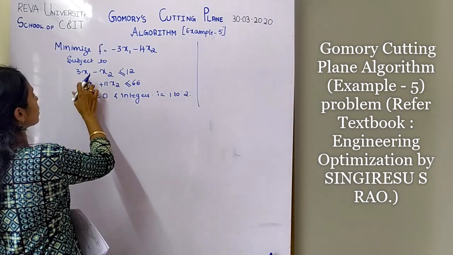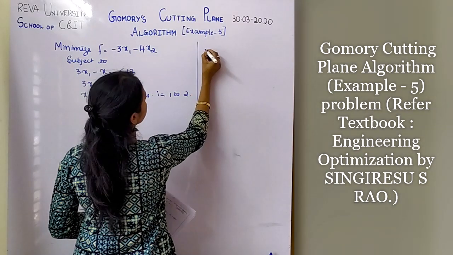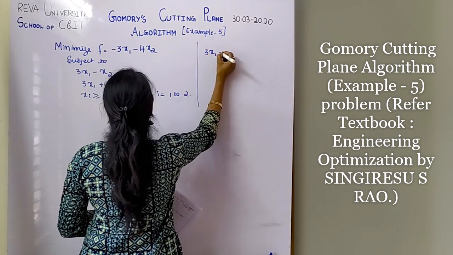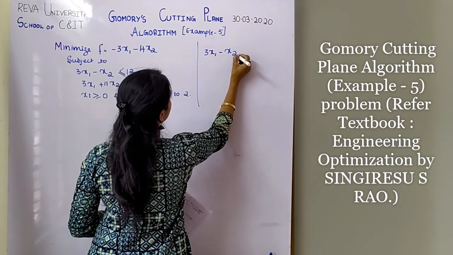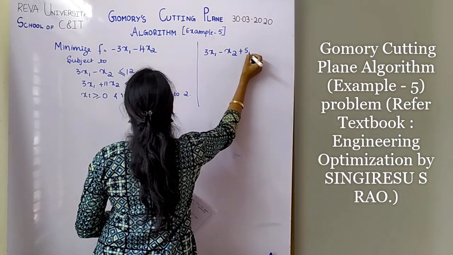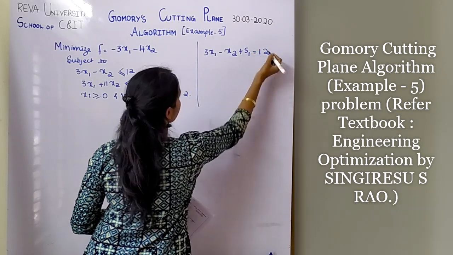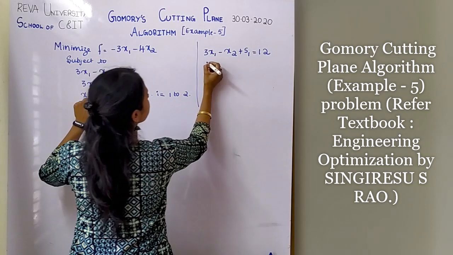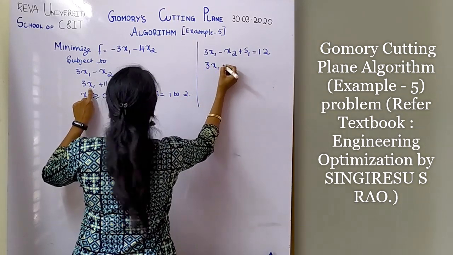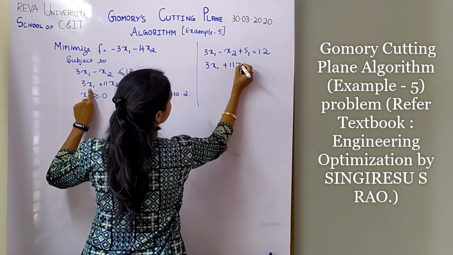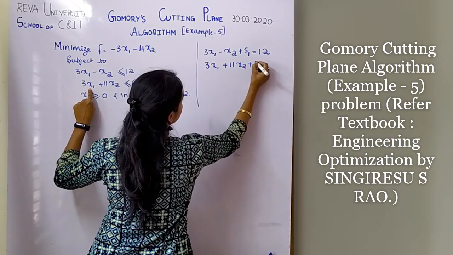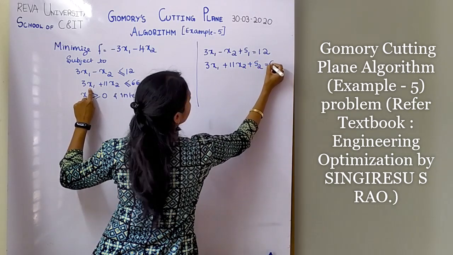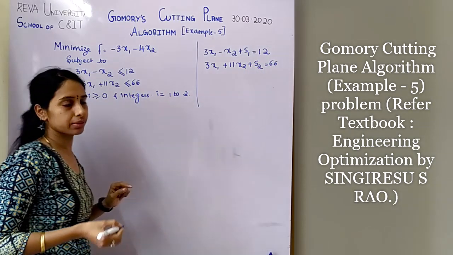So 3x1 minus x2 plus s1 is equal to 12. Then 3x1 plus 11x2 plus s2 equal to 66.